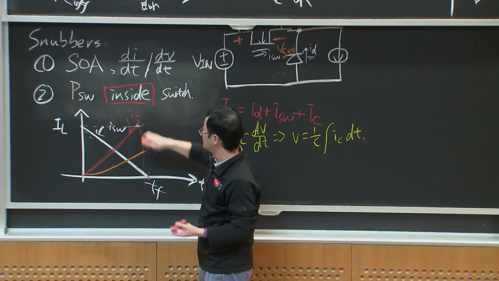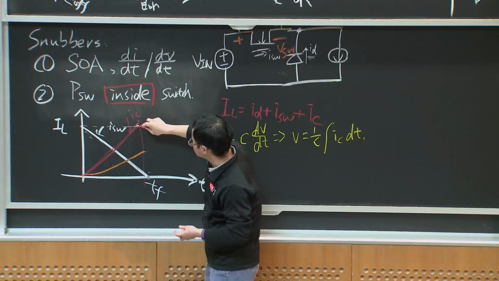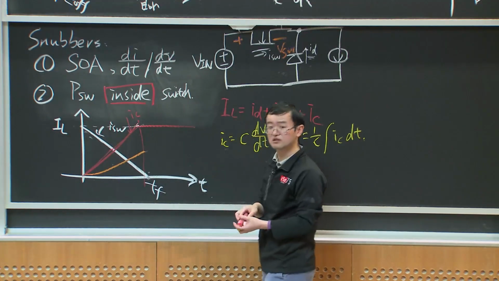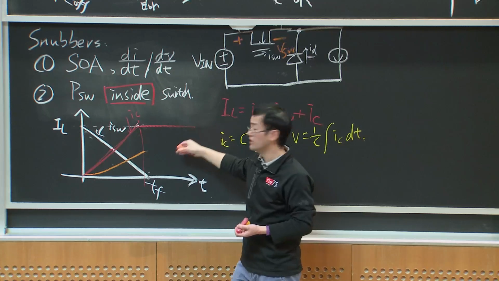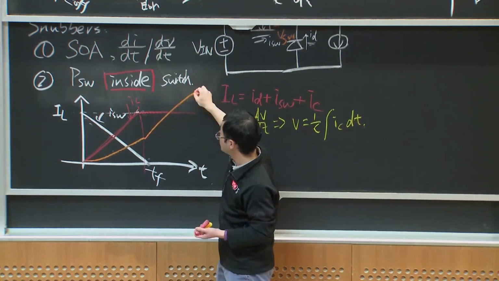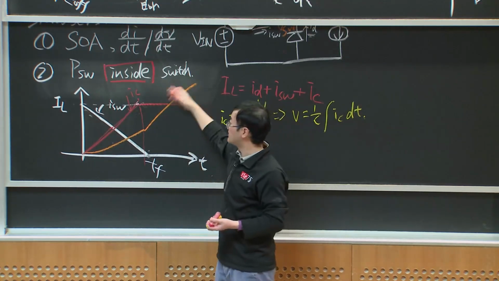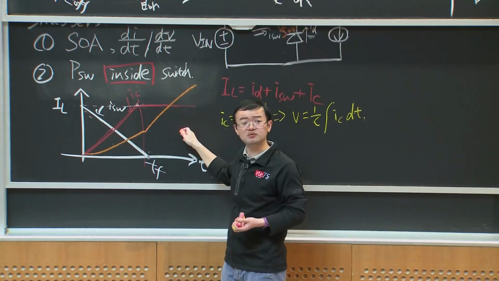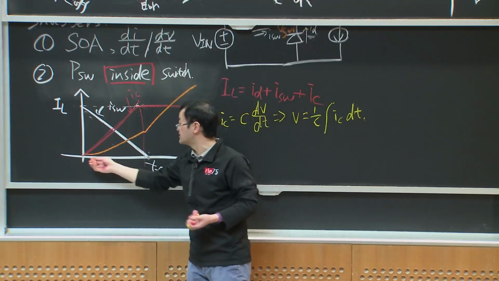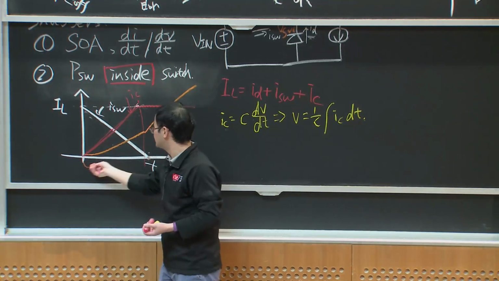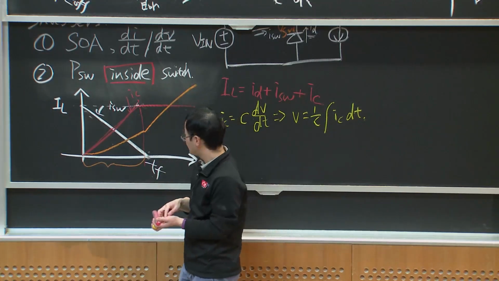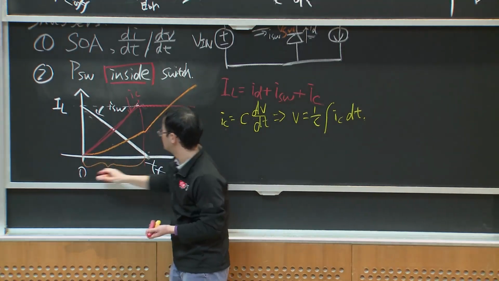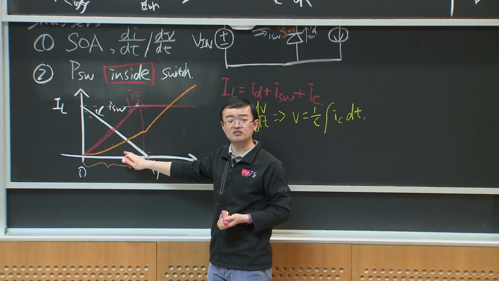And after that, the capacitance current will fully conduct the load current. And when the capacitance current is constant, the capacitance voltage will become linear. But we don't care about this part anymore because we care about the switching loss. I mean, for this time, we don't care. We only care about the switching current and voltage during this time interval from 0 to TF. So we only care about the energy loss during this.